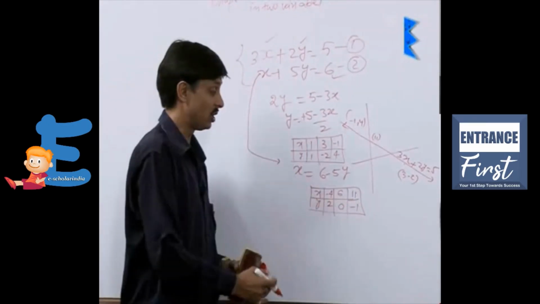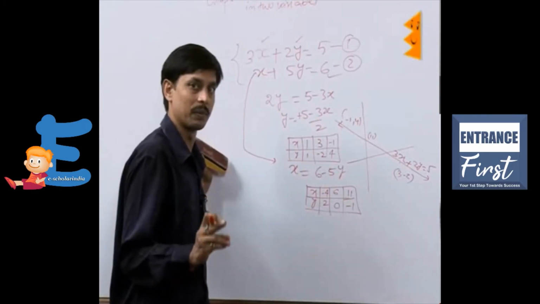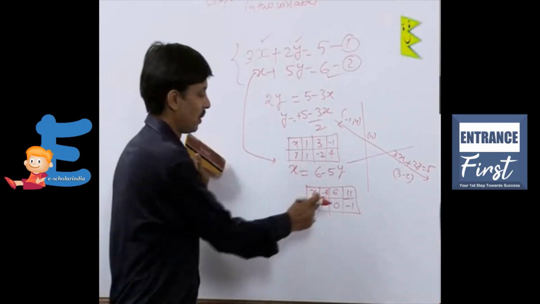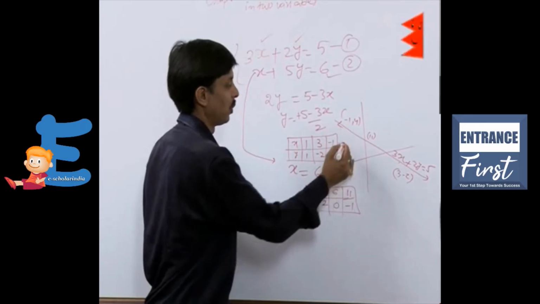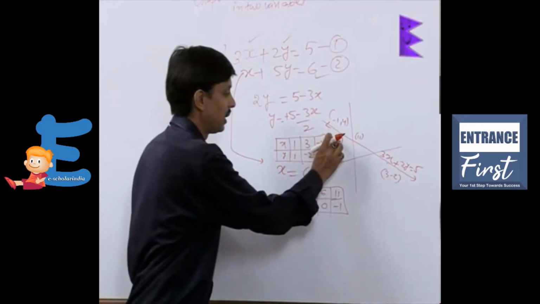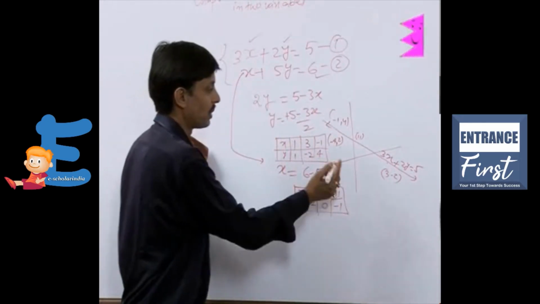To draw these points on the same common graph sheet on which the first graph has been drawn, what we have to do? Minus 4 comma 2. This is, suppose, minus 4 and y is 2. This point may be like this, minus 4 comma 2. I am telling you again and again, it is not exact. I am drawing by my idea. 6 comma 0.